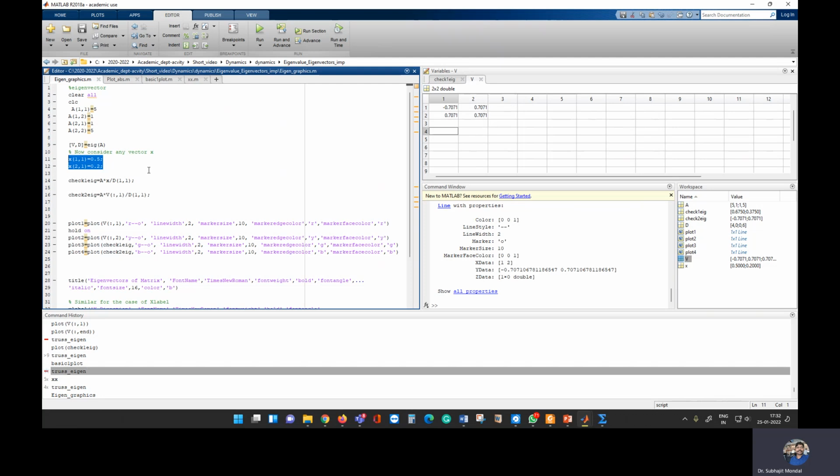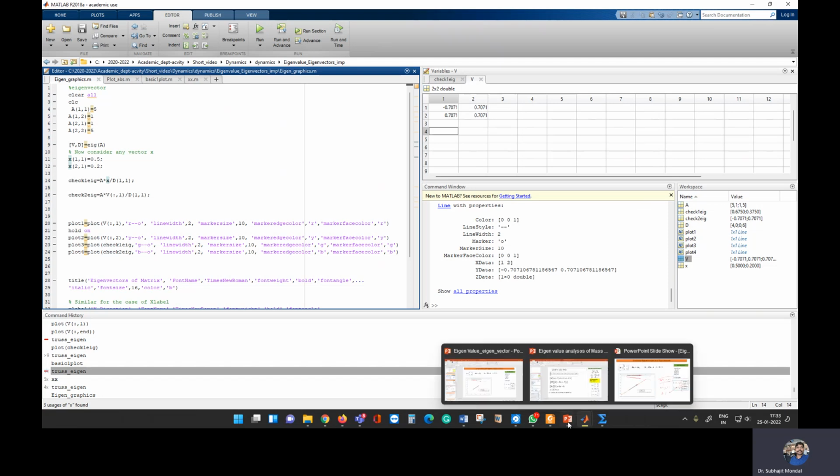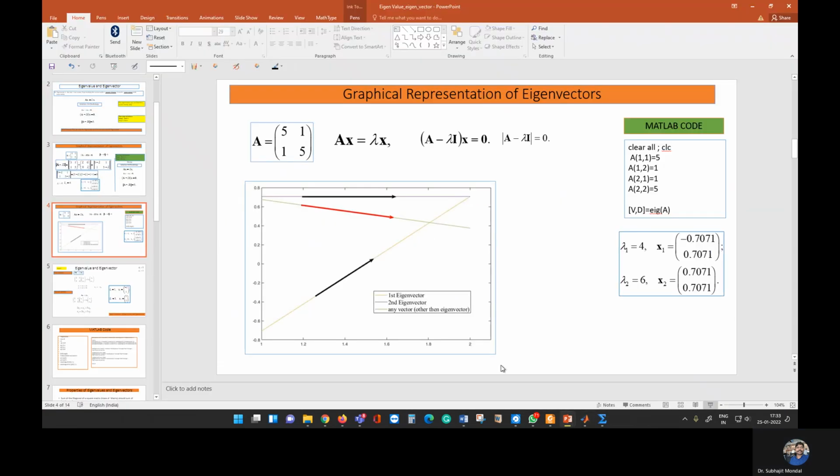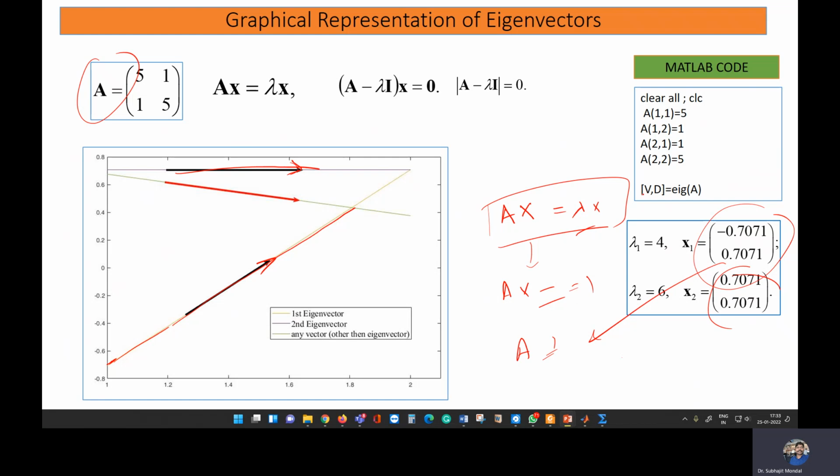We took any vector, and then what I did, I multiplied the matrix A with the vector x. Then I divided by the first diagonal term, because we have learned that Ax equals lambda x.